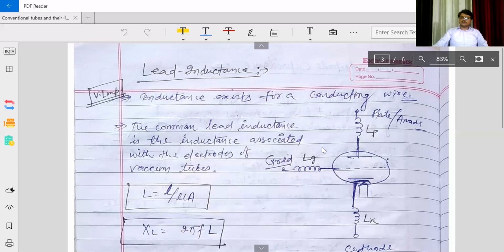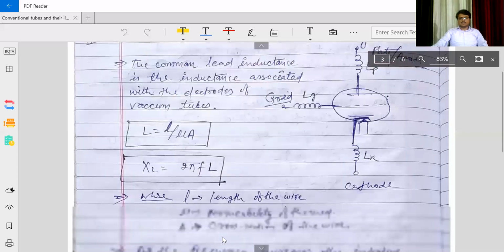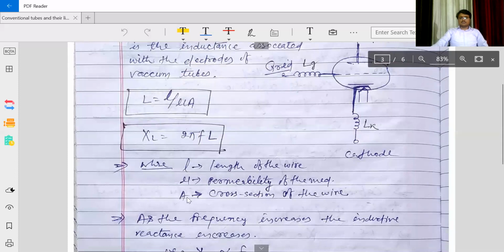Let us suppose there is a fixed inductor. Lg is the grid inductance, Lp is the plate inductance, and Lk is the cathode inductance. Also, we know that XL, the impedance offered by the inductance, is given by 2 pi F L, where L is the length of the wire, mu is the permeability of the material, and A is the cross section of the wire.